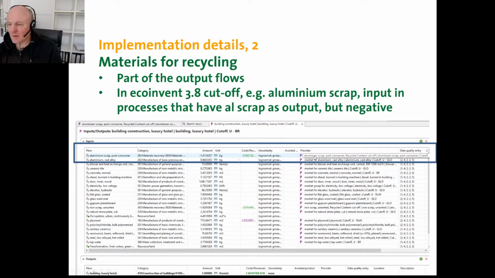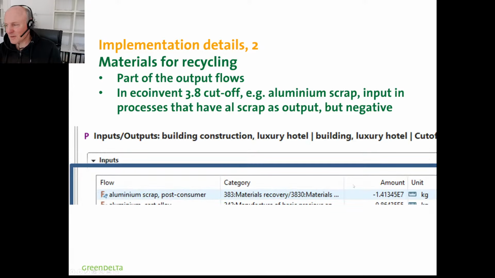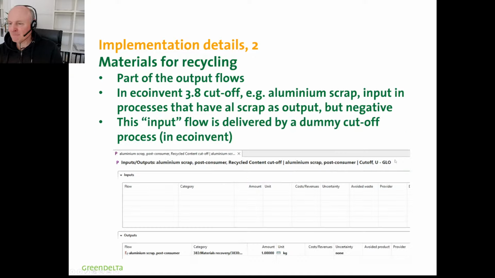And then if you look at this provider a bit larger, it's basically a dummy process that is only this output flow and nothing else.